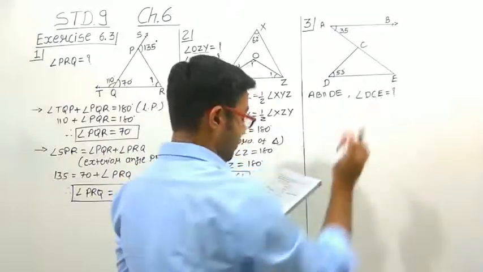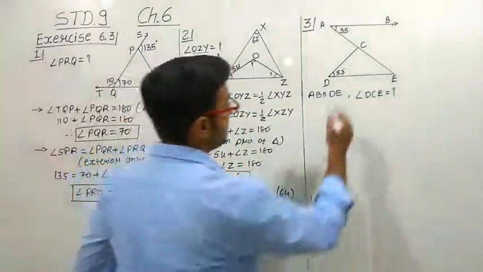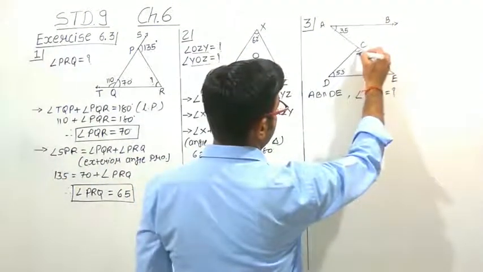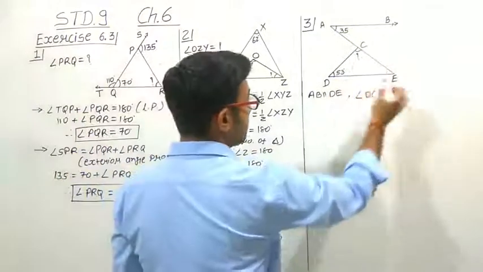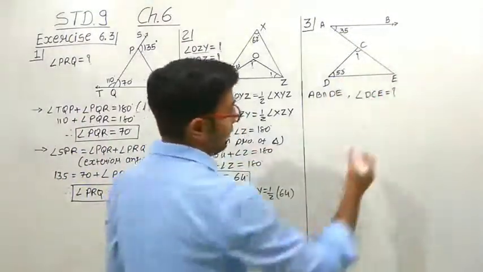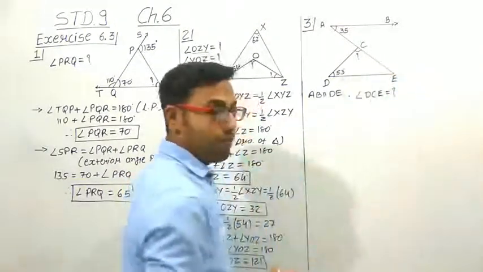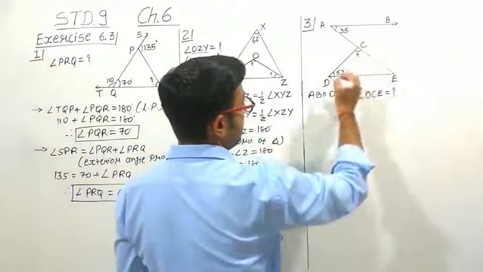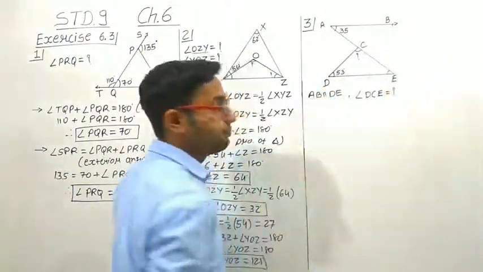Now see, here CDE is a triangle. One of the angles we have is 53. If we can find another angle, then by applying the angle sum property we can find the angle DCE. So think about how we can find this angle.